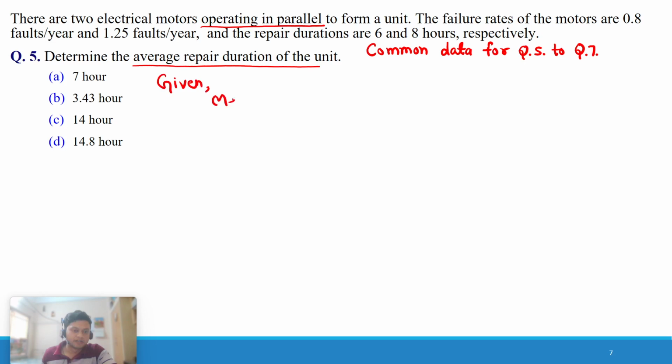Mean failure rate of motor 1, denoted as lambda 1, is 0.8 faults per year.